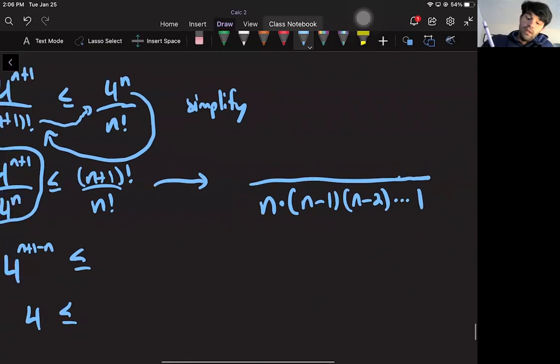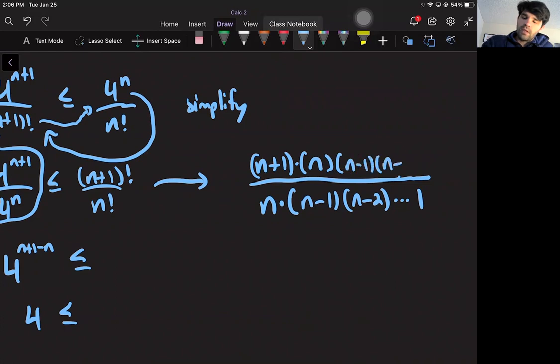And on top, the only difference is I'm starting with n plus 1 as my first number. So what's my next number when I subtract 1? n plus 1 minus 1 is really just n. But then after that, n minus 1 to get the previous number, and then n minus 2, and so on until you get to the end at 1.